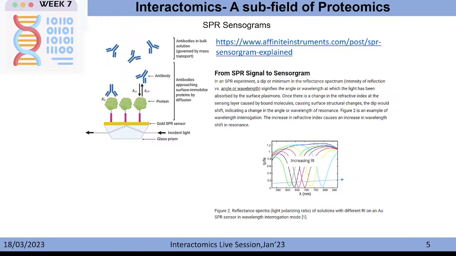The dip would shift, indicating a change in the angle or wavelength of resonance. So this is an example: an increase in the refractive index causes an increase in the wavelength shift of the resonance.